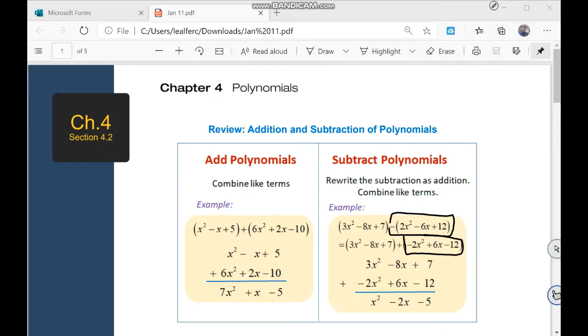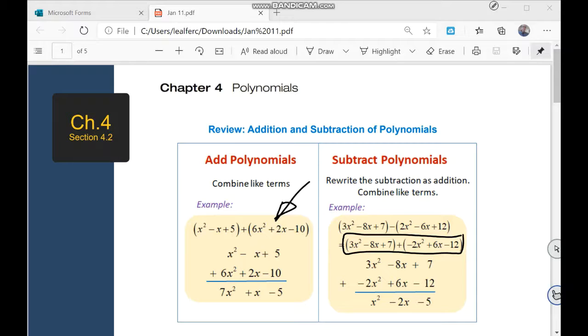So if it's 2x squared, you change into negative 2x squared. If it's negative 6x, you change to positive 6x. If it's positive 12, you change to negative 12. And then you just add the same way, combining like terms. That's it. Addition and subtraction are covered.